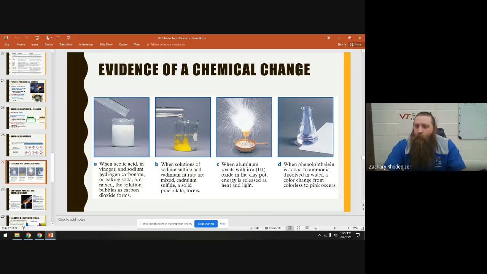And then on the end, if you're using an indicator and your indicator changes color, so that's phenolphthalein, which is used to indicate the presence of a base. If you add acid to that and the indicator changes color, hey, well then your base has gone away. You've neutralized your base. So a lot of different ways that you can identify a chemical change is occurring. Bubbles, color change, heat and light.